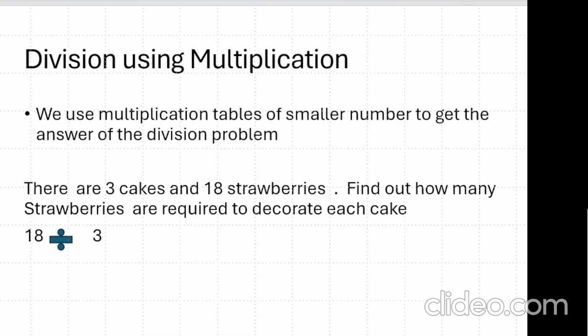We should be doing the multiplication till we get the dividend as our final answer. So we got the dividend which is 18 at 3 into 6 is equal to 18. So we need to stop here. Hence our answer is 6.